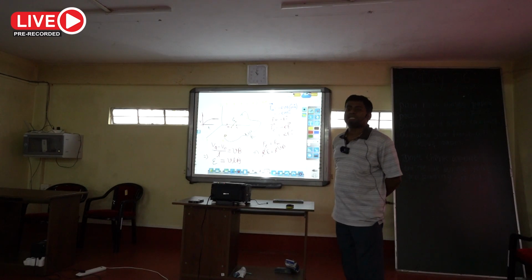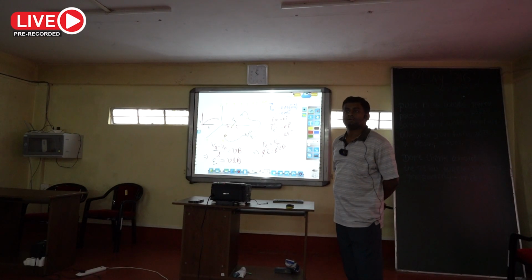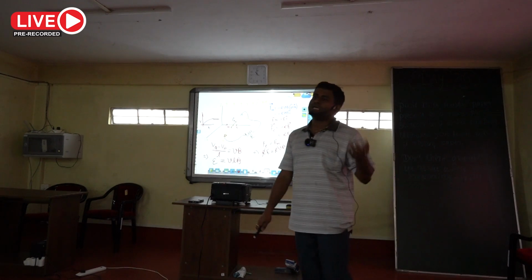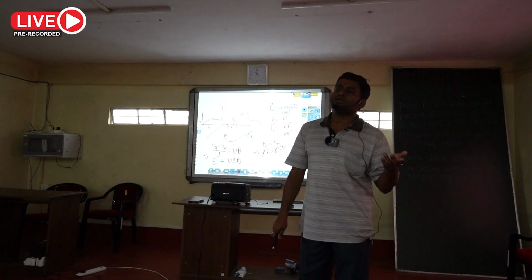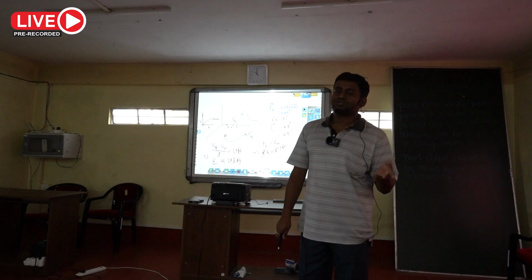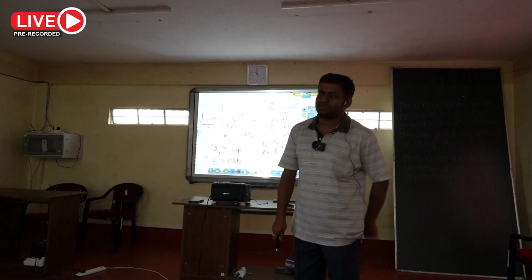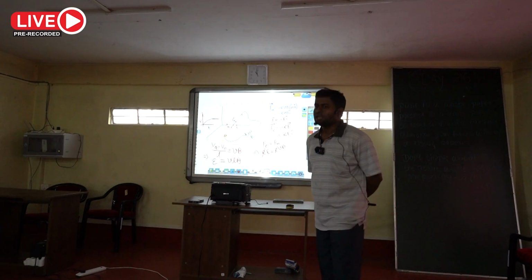This EMF is generated due to the motion, because if you put v equal to 0, this EMF will be 0. A conductor at rest will not produce any EMF inside the magnetic field. Due to the motion, this EMF is developed. That's why the name is motional EMF.